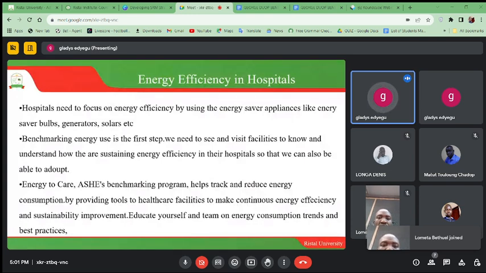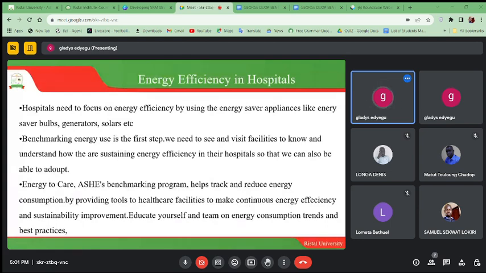Since we understand that, we are able to transmit the knowledge to other health workers within your hospital, and they can also know how to use this energy efficient equipment so that we can sustain and improve the service delivery in our different facilities.